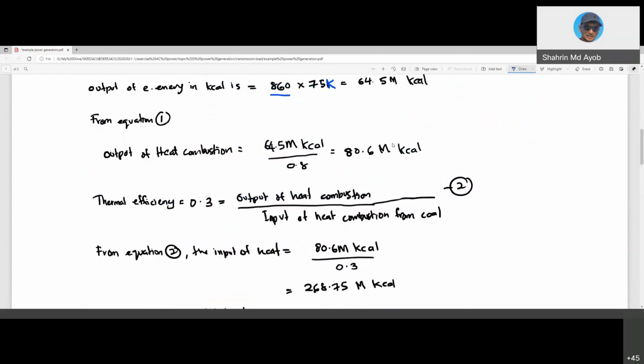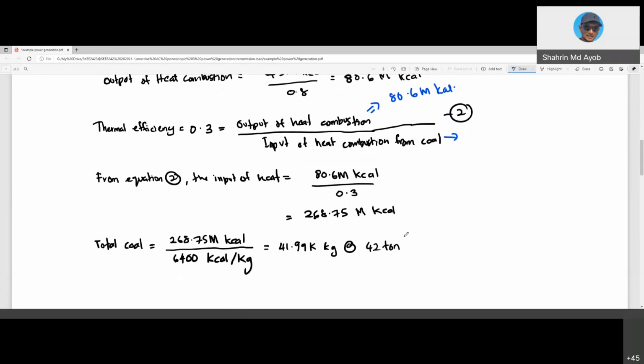And then 80.6 divided by 0.3, so you will obtain this input. What is the value of the input in calorie? Okay, so this is actually the input for the thermal conversion.